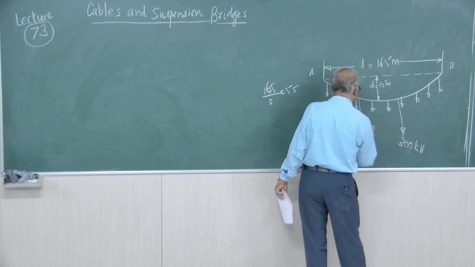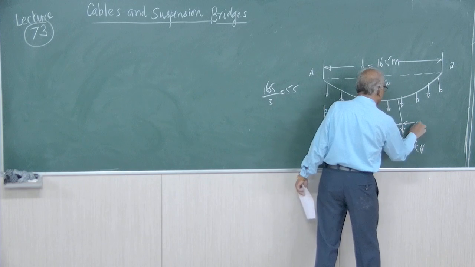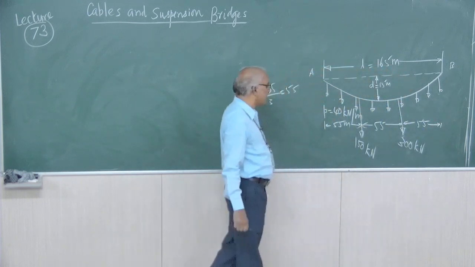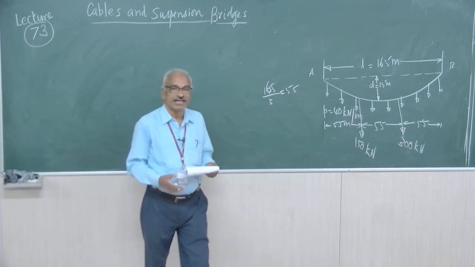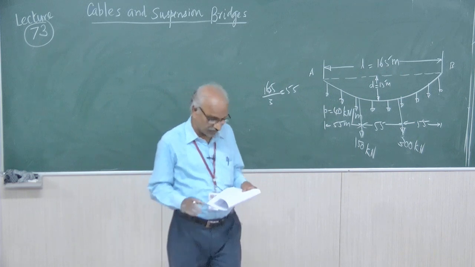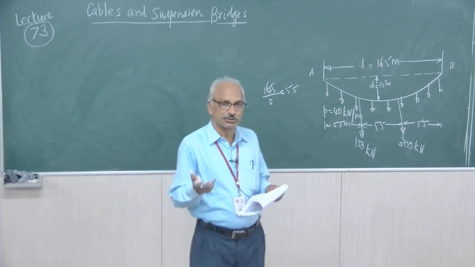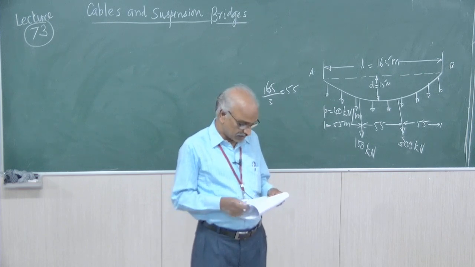That means this is another 55. This is 55. So 3 into 55. A 1/3 point and a 2/3 point. So here the loading is not symmetrical. Therefore, the maximum dip will not occur at the center, because the cable is completely flexible. Depending upon the position of the load, the cable will go on changing its shape. So this is the problem.